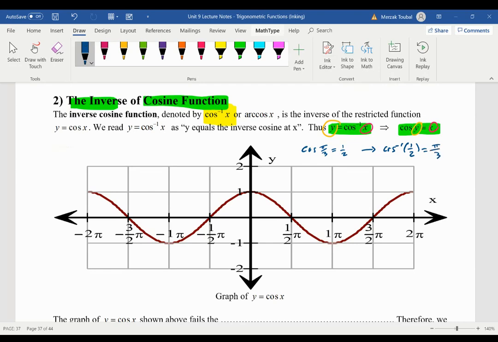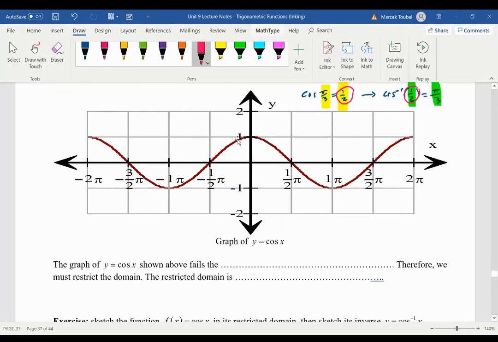This is what it means. So if cosine of pi over 3 equals 1 half, then cosine inverse of 1 half equals pi over 3. So the output becomes the input, and the input becomes the output.